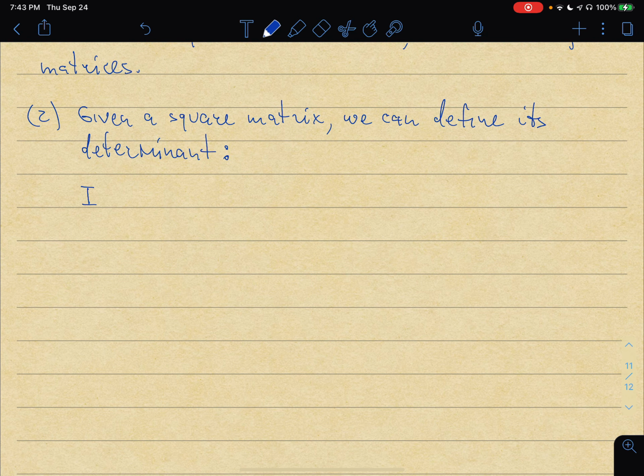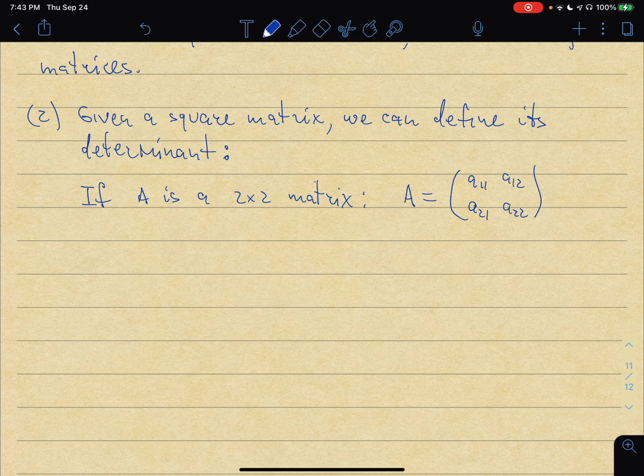So if A is a 2 by 2 matrix, A is equal to A11, A12, A21, A22, then the determinant of A is going to be equal to the product of elements on the main diagonal minus the product of elements on the secondary diagonal.